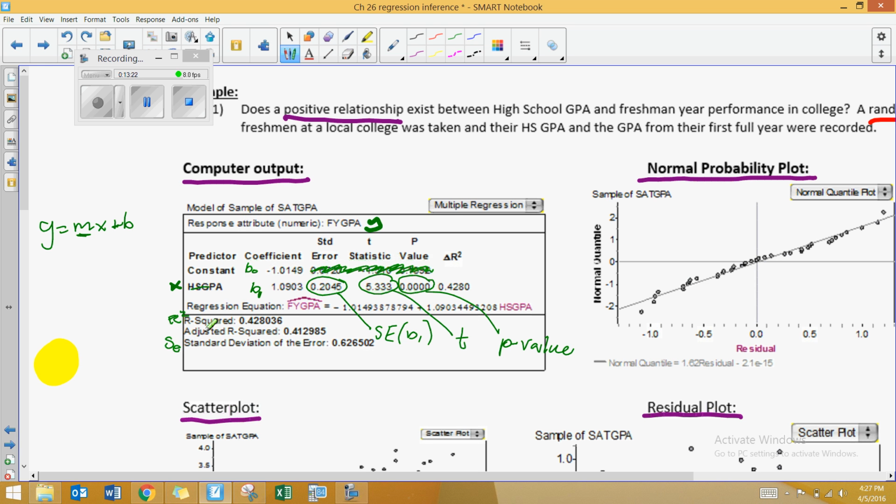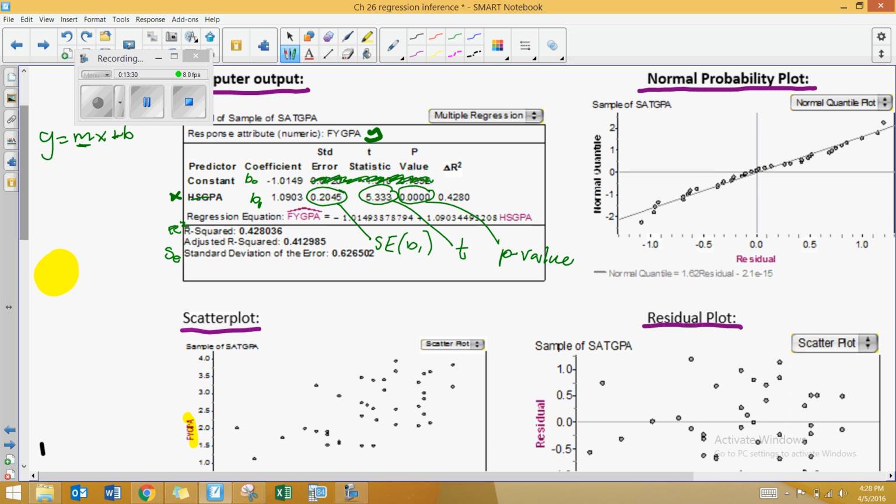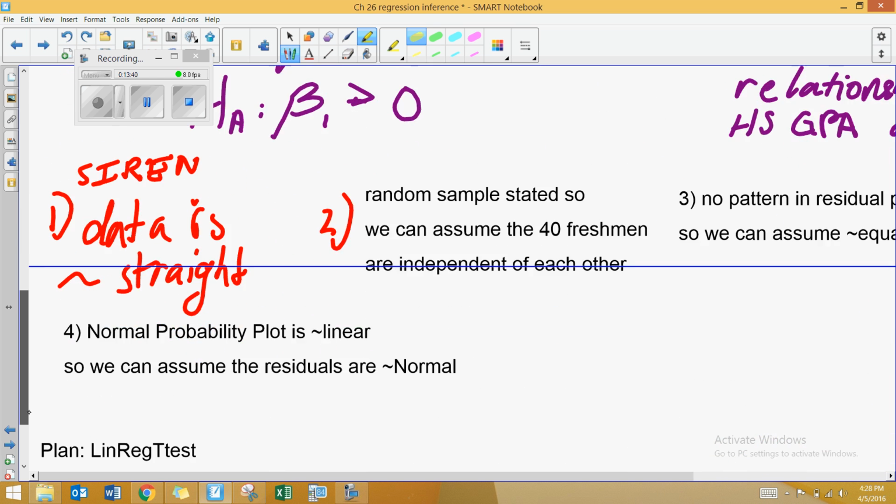Fantastic. So we've got all 3 of the things that we know we need to report. We're able to do that. So I'm going to record my t, my test statistic. I'm going to record my p-value, that's 0, and then we'll talk about degrees of freedom.